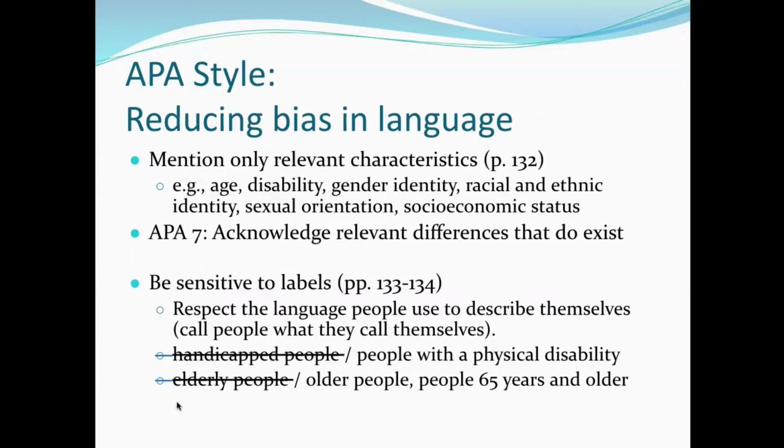Even the APA 7th edition manual, which came out in 2019, is probably outdated already in some ways, and will definitely be outdated by the time the 8th edition comes out in terms of some of these labels, because language is always changing and evolving, and some of these things are shifting. So I just recommend being sensitive to that and aware of that, and do a little research when you can on what's the most updated best term to use to describe someone's identity in your writing.